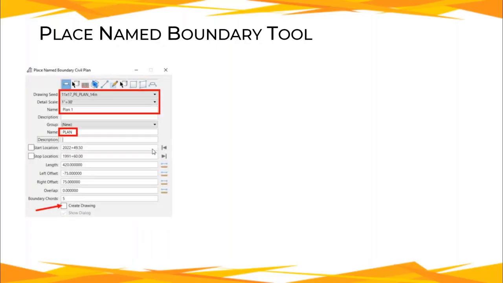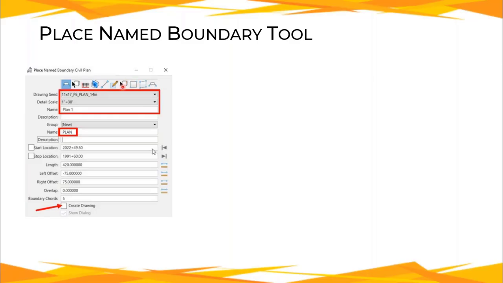So once you activate that tool, let's take a quick look at what we have up here. All the tools starting from this one with the little arrow here over, these were all the original MicroStation name boundary tools. Now, again, the name boundary tool is an original MicroStation tool, and then the civil products, OBM and ORD, piggybacked off of that, and they made tweaks to it and made civil specific name boundary tools over here.